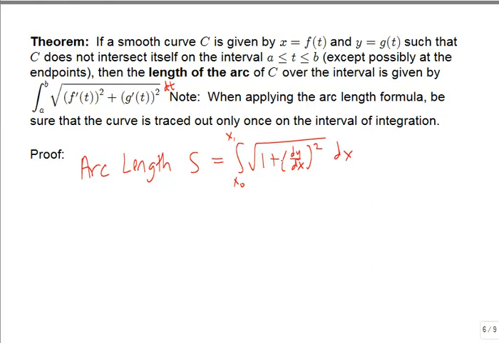So it was the square root of 1 plus your derivative squared dx. So what we're going to do to kind of prove this formula is just do a little bit of manipulation on this. So I am going to change out this dy dx with our new formula that we have. Dy dx is dy dt over dx dt. And we want to square all of that.